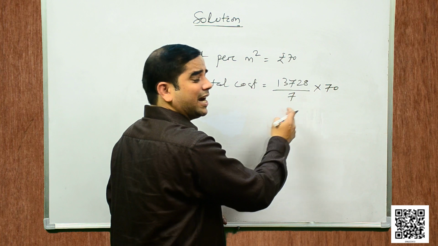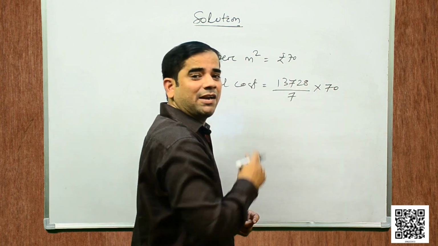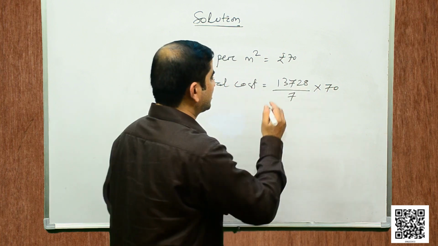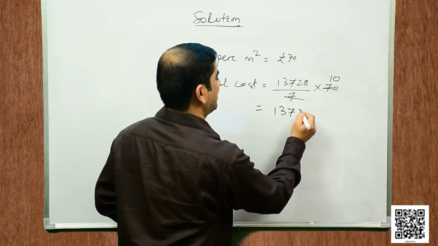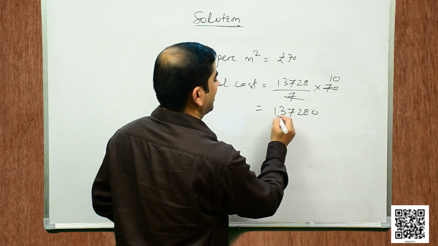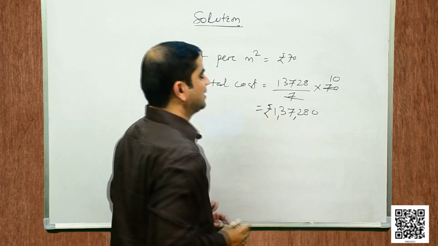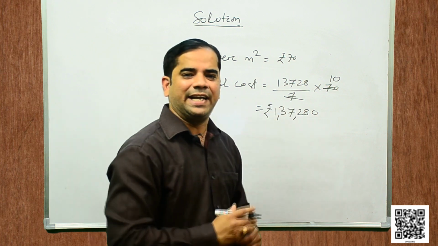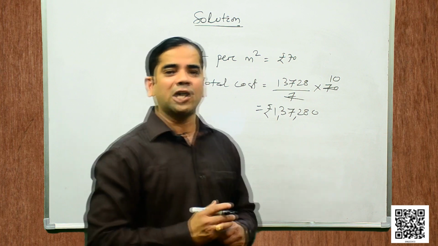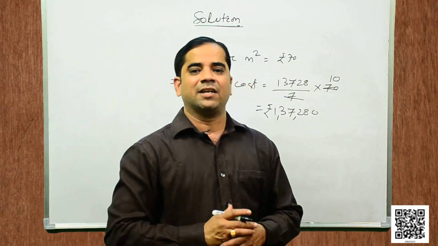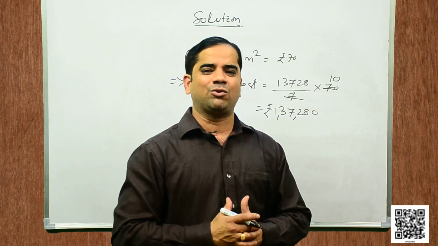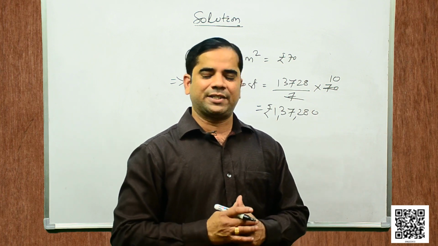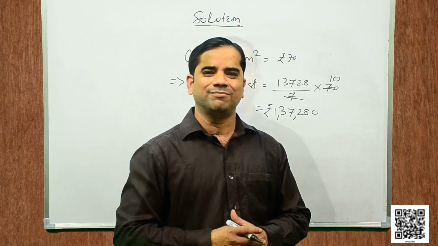That is why I did not calculate the decimal for this value, because now it will be easier. So, this is 137,280, that means 1,37,280 rupees. Hence, the cost of the canvas required to make such a tent is rupees 1,37,280. Hope you understand the solution for question number 4.